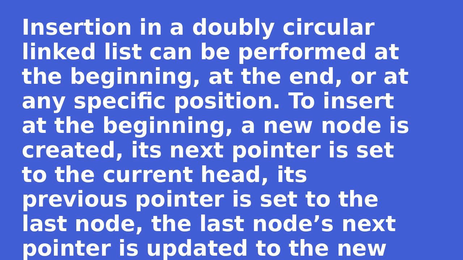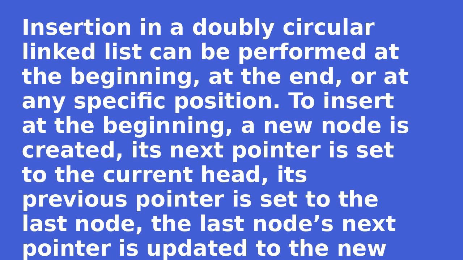Insertion in a doubly circular linked list can be performed at the beginning, at the end, or at any specific position. To insert at the beginning, a new node is created. Its next pointer is set to the current head. Its previous pointer is set to the last node. The last node's next pointer is updated to the new node, and the head's previous pointer is set to the new node.